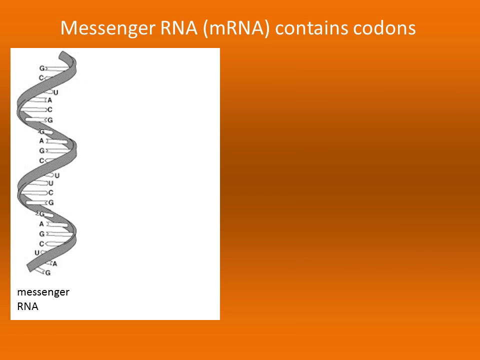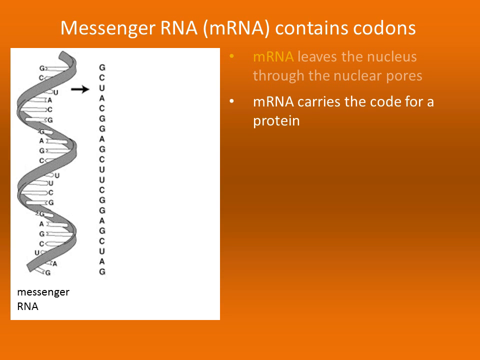Once that messenger RNA molecule has been created and is ready to leave the nucleus, it does so through the many nuclear pores that are on the outside of the nuclear membrane, thus entering the cytoplasm, where it will be translated into protein. Now that messenger RNA molecule is carrying the code for the future protein that will be built from it.